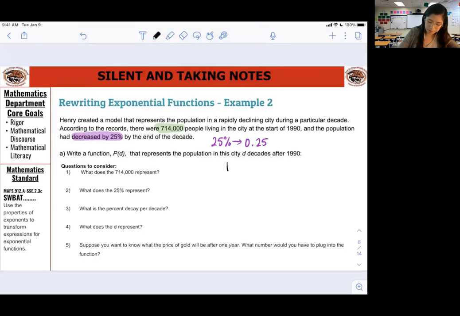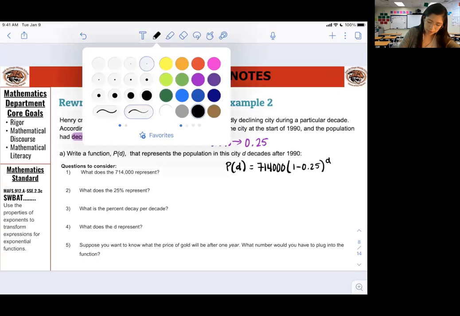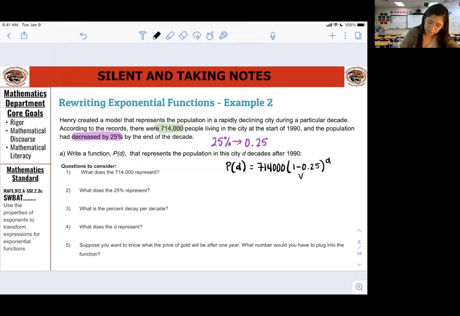So P of D equals 714,000. And then am I adding or subtracting? Subtracting. So it's 1 minus 0.25 to the power of D. Okay. And now I can just simplify this.